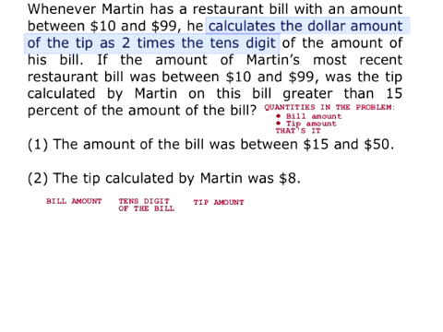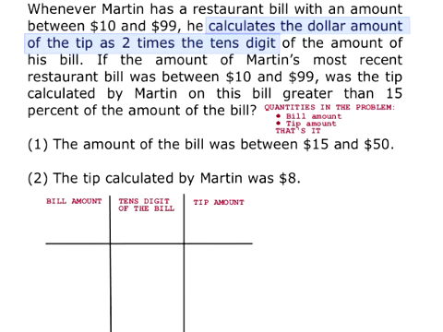There's my chart. It's not a very pretty chart. And since I have two statements, I am just going to draw a line down the middle so that now I have two charts. So this is statement 1, and this is statement 2. And if I do have to combine them, I have some room there on the bottom.